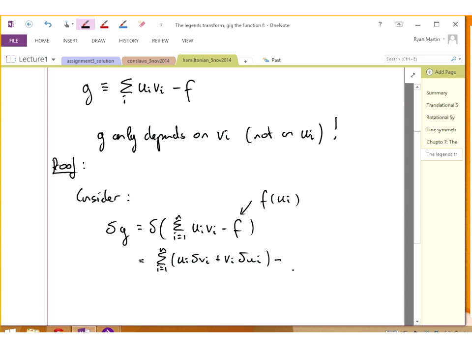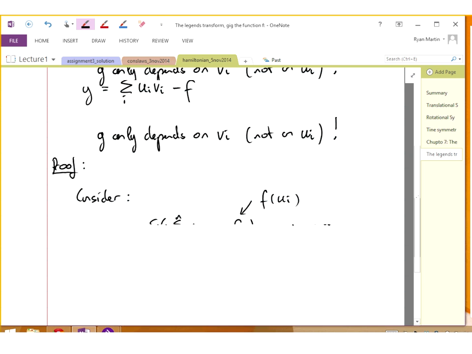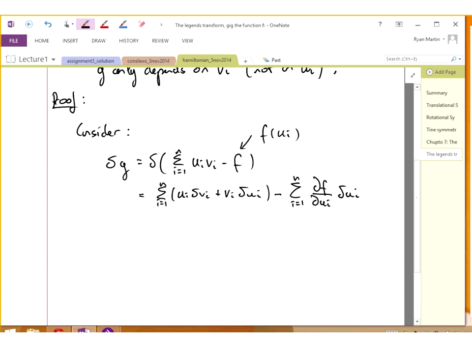Now f only depends on the u_i, right? So the variation of f is the sum over i from 1 to n, just the chain rule, of the partial of f with respect to u_i, times delta u_i. I break the variation of f out into the sum of the variations of all the different variables that it depends on.